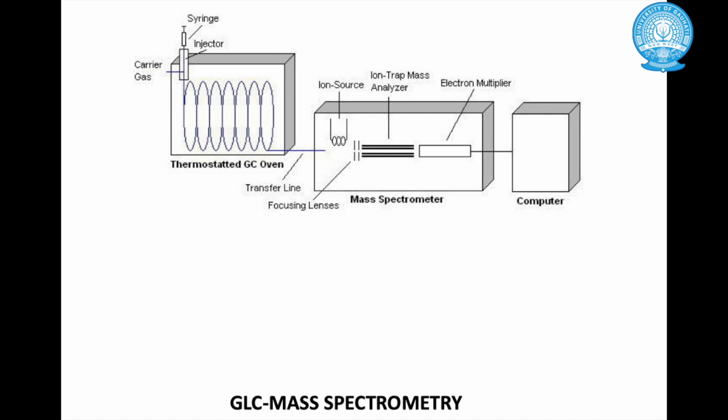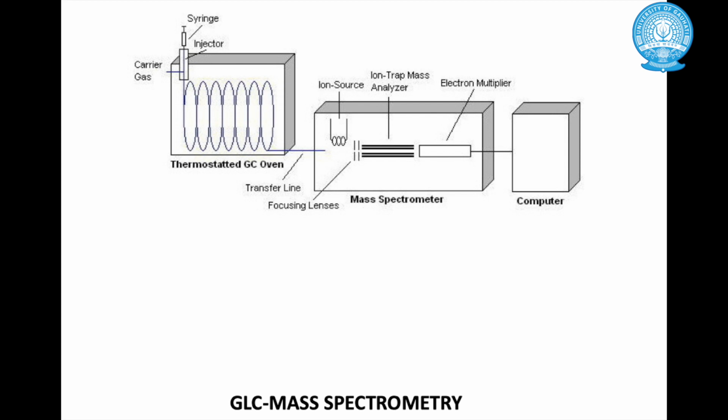Once it enters the mass spectrometer, there is an ion source in the mass spectrometer. It ionizes the compound which is entering the mass spectrometer chamber from the column.